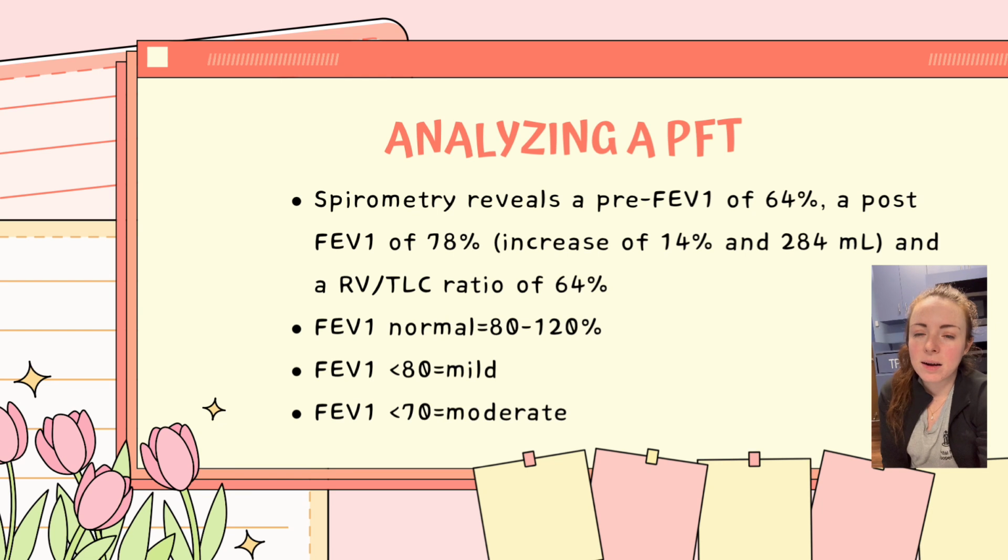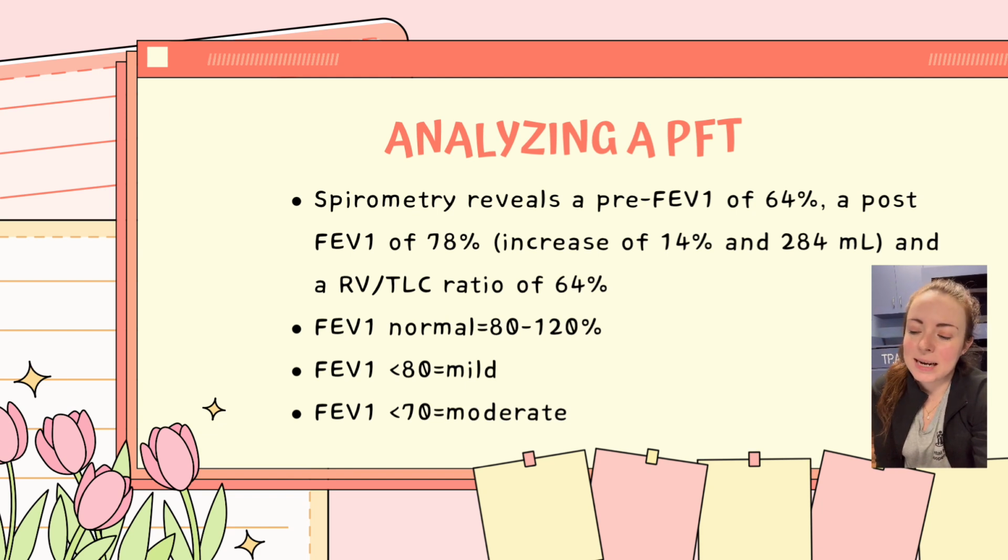So I thought a good way to learn about FEV1 and obstructive and restrictive lung diseases would be to provide an example. For this example, we're going to say that we're the respiratory therapist. We're doing a spirometry test for Betsy.